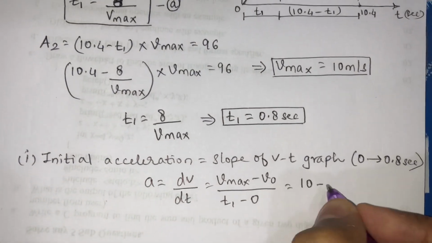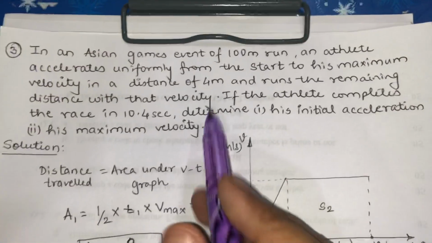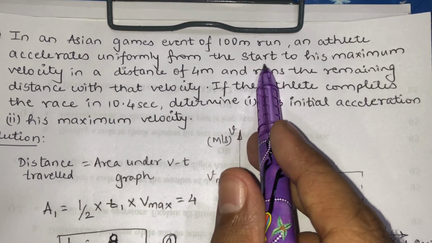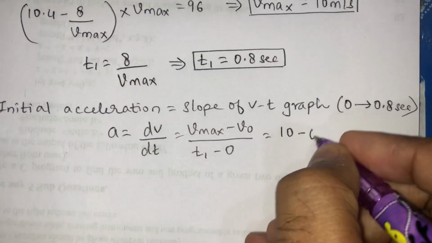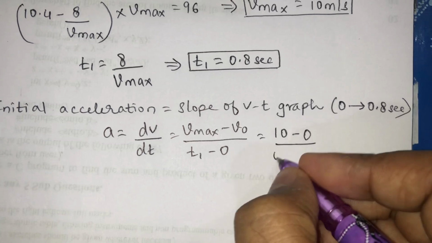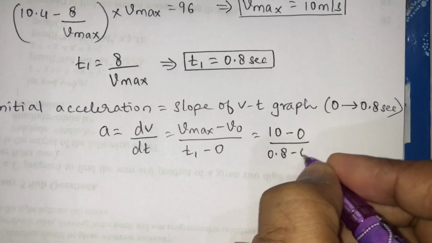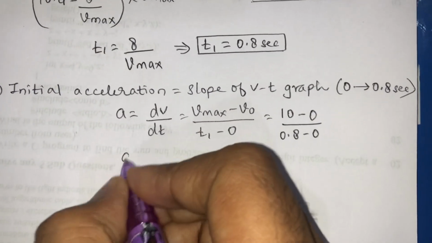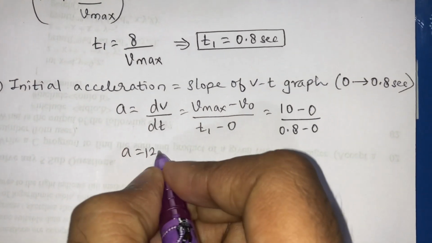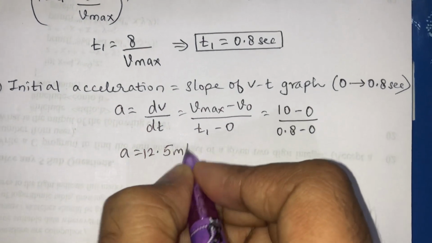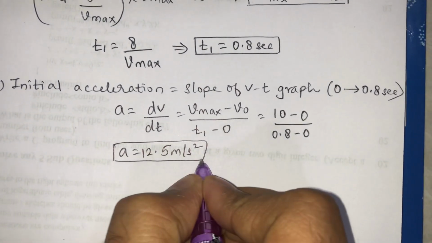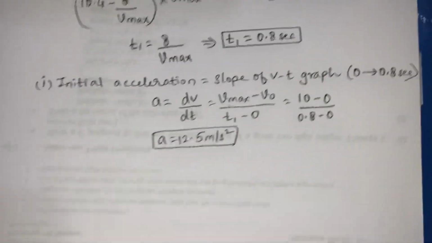So 10 minus 0, as the question says that it accelerates uniformly from the start, upon 0.8 minus 0. With this, a equals 12.5 meters per second squared, which is the initial acceleration.